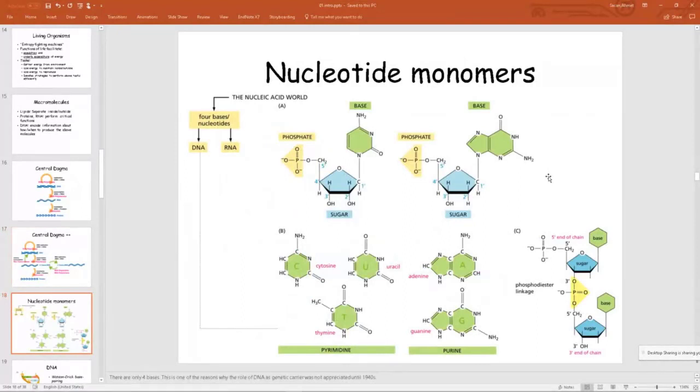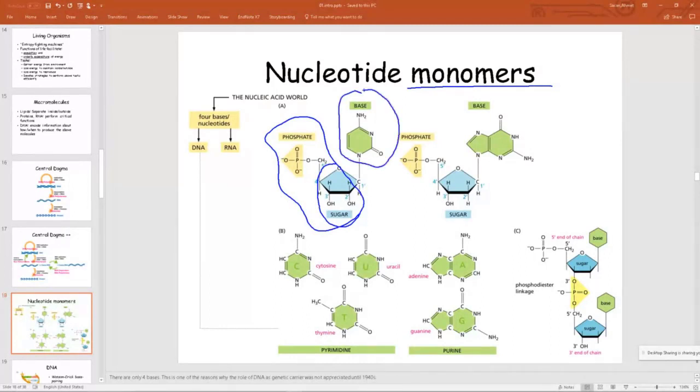There are 4 or 5 different nucleotide monomers, depending on whether you are looking at DNA or RNA. A nucleotide monomer is composed of a sugar and phosphate backbone and a base.